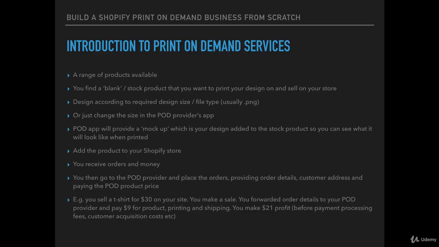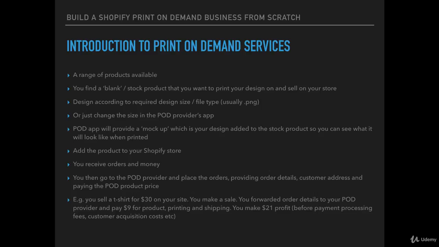Essentially what you will do is find a blank, which is what many people call them, basically a stock product that you want to print your design onto and sell on your website via a print-on-demand service provider. So you'll research different print-on-demand service providers, or POD providers, and look for products that you like, and then compare them in terms of their price, their shipping, their location, their ease of use, their integrations and things like that.